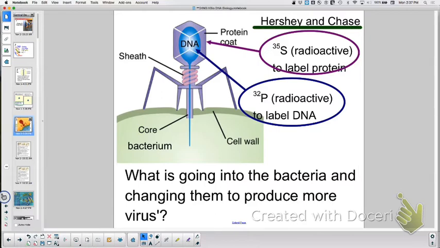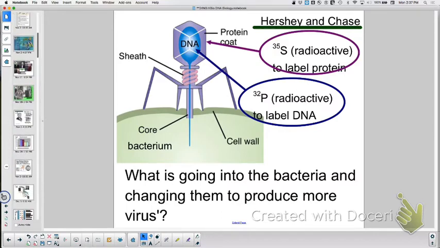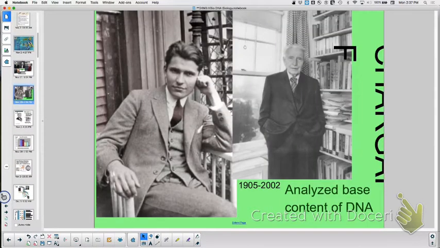That's what you want to remember. The sulfur was on the protein. And when they analyzed what got injected, they found the radioactive isotope inside the bacterium. So they knew that the phosphorus-labeled DNA was the hereditary material. Okay, then we had some other experiments as well. One of those was Chargaff.